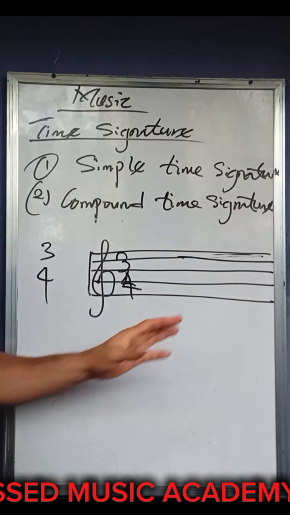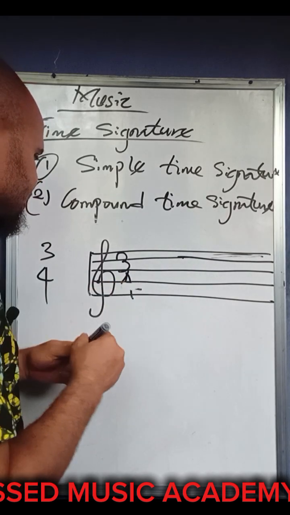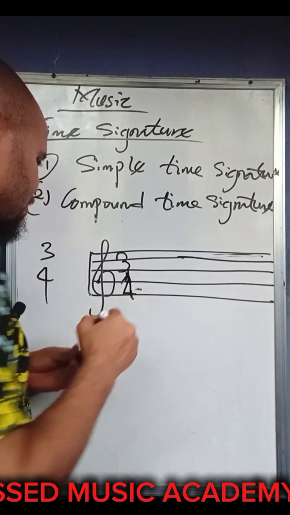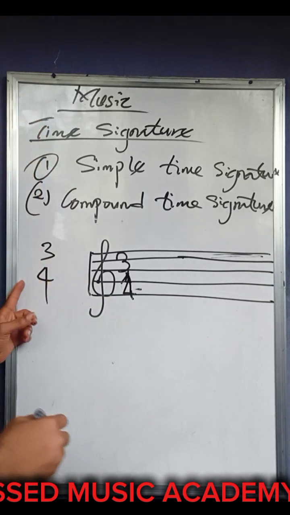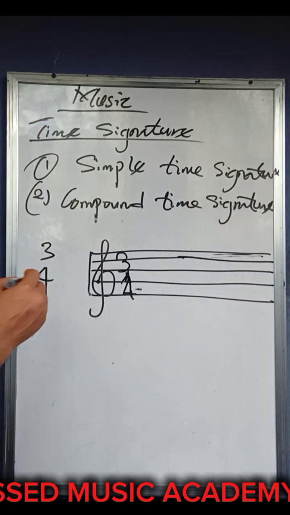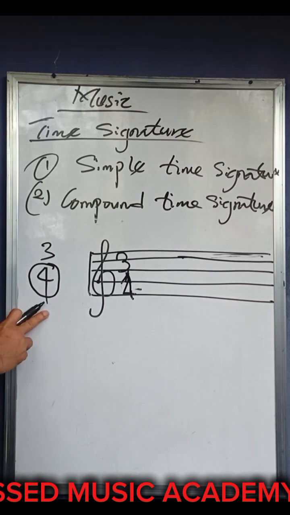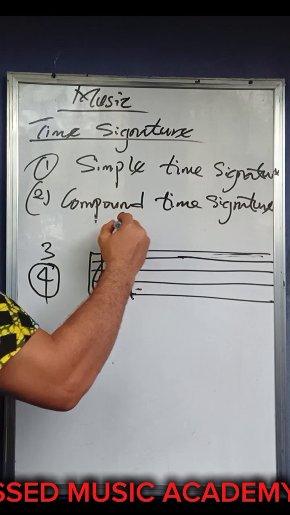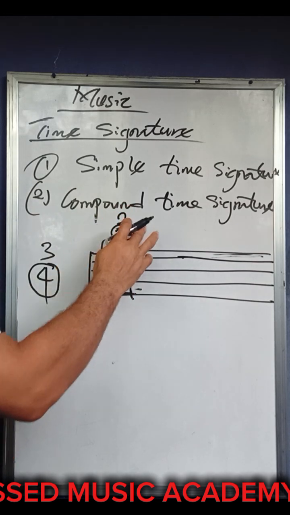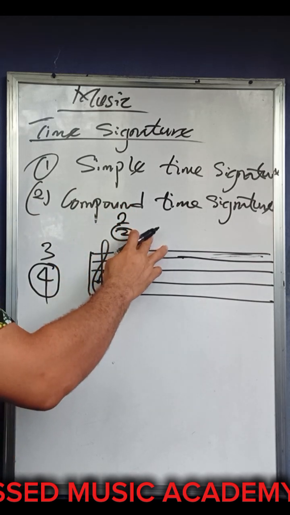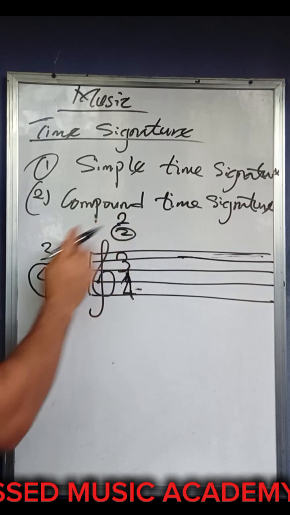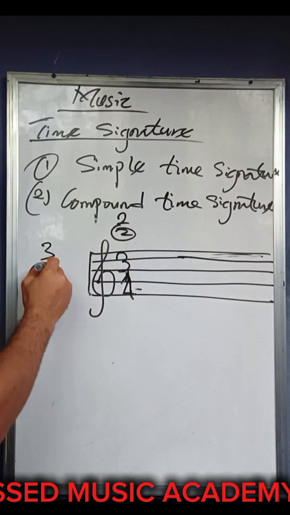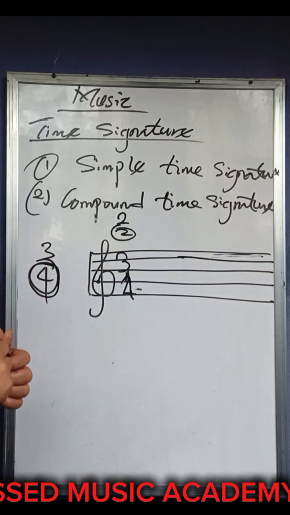For 3 4, it means that 3 4 means 3 crochet beats in a bar. Once you see 4 as the denominator, know that is crochet. The other one, the 2 2. Once you see 2 as the denominator, know that is minim. Okay, so once you see 4 here, it is a crochet song.